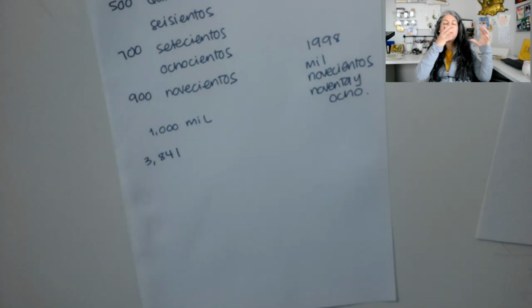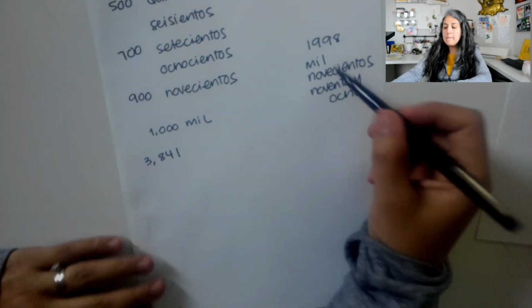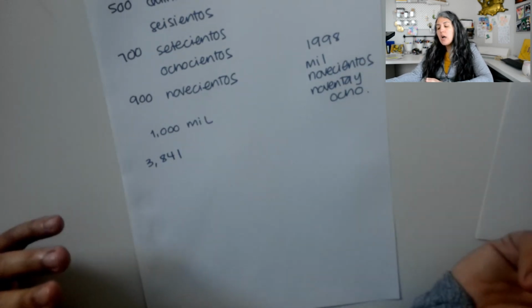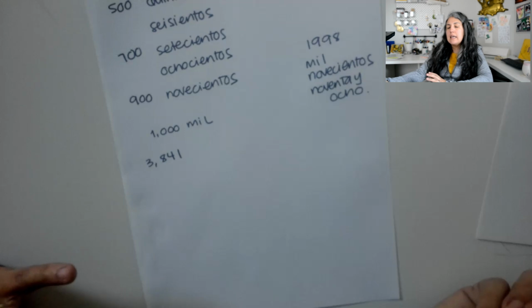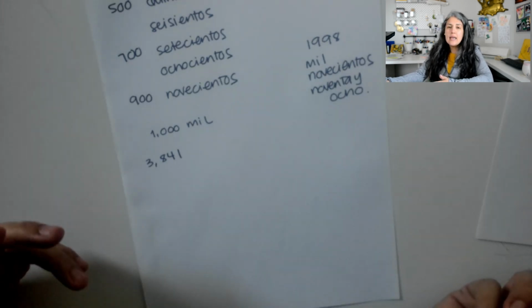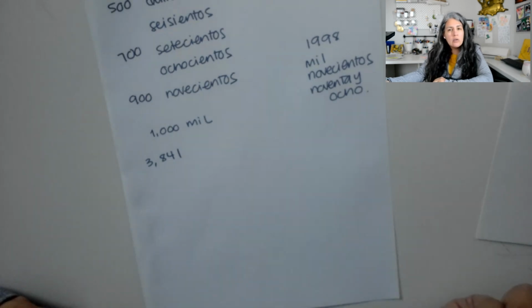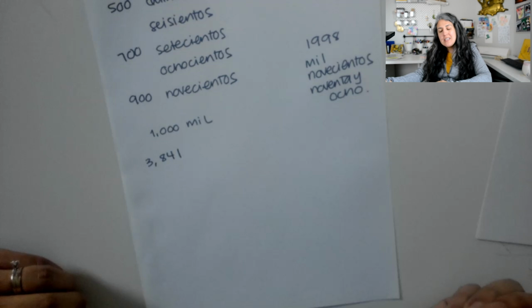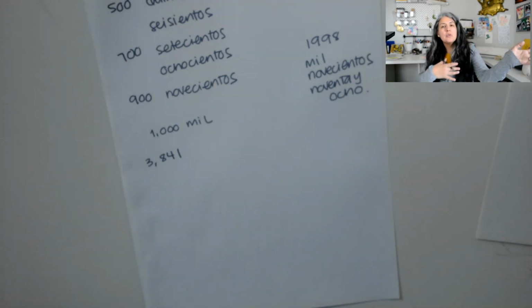It's easier when we learn the blocks, the roots, and then we can just mix the numbers together. 1998. When they're talking about dates, specifically, like I was born in 1985, we normally say 85. We don't say 1985, we just say 85, like referring to a date.